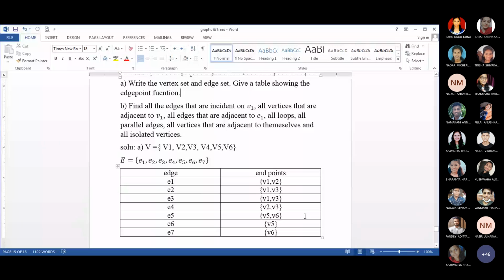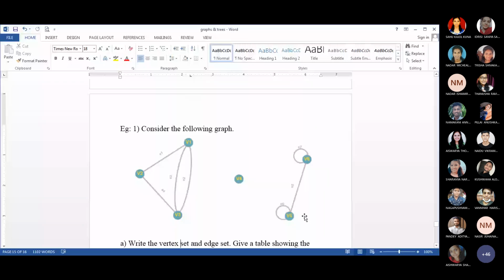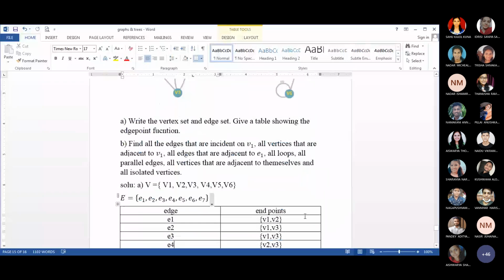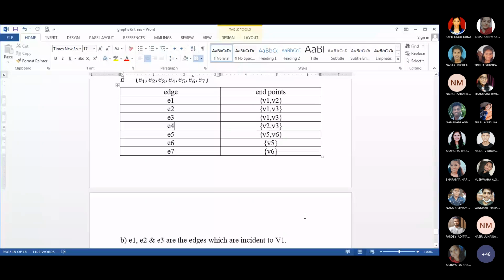Second question B में what it says? We have to find all the edges which are incident on V1. Incident on V1 मतलब having V1 as an endpoint.